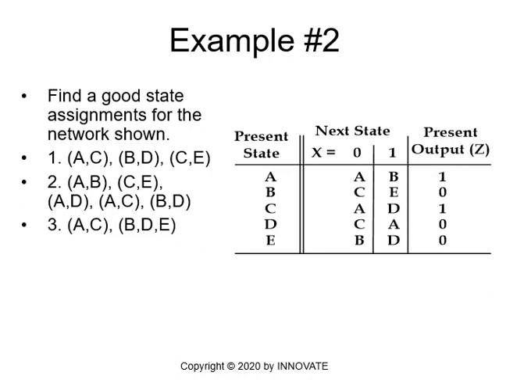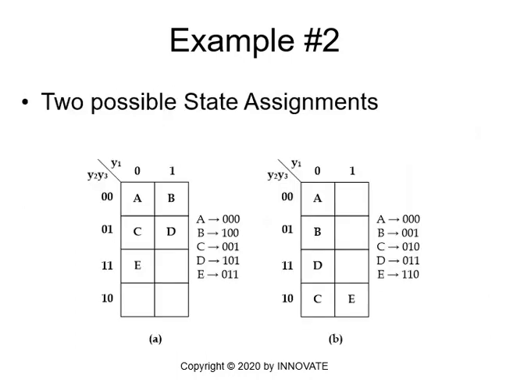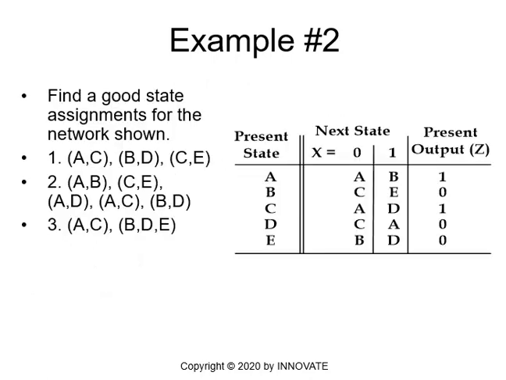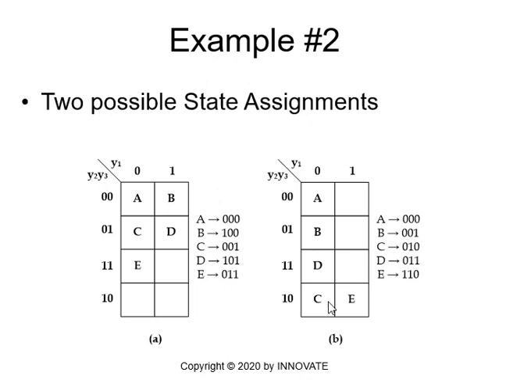Now AC and BDE for the output: AC is met and BD is met, but not E; we cannot meet E. But AD is met for the output. AC, I do apologize, AC is met. So with this, we have a better state assignment in the second solution, where A is 000, B is 001, C is 010, D is 011, and E is 110.